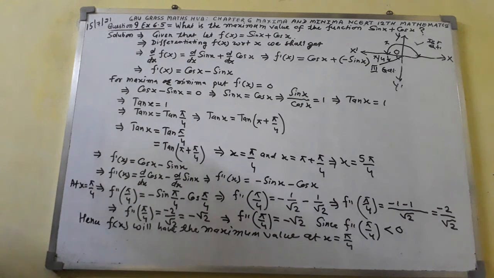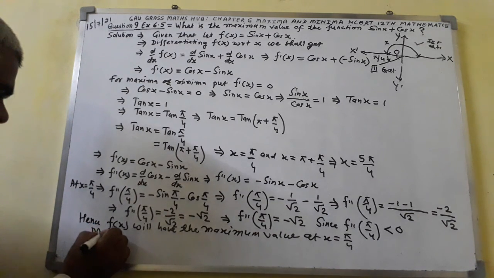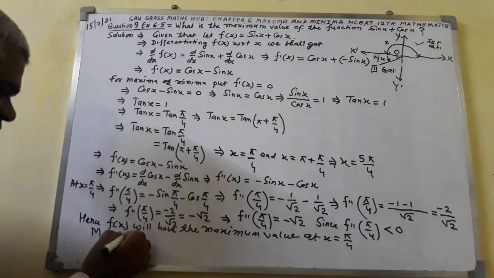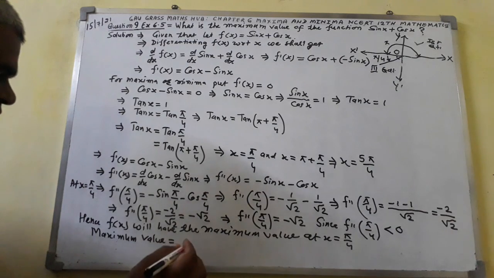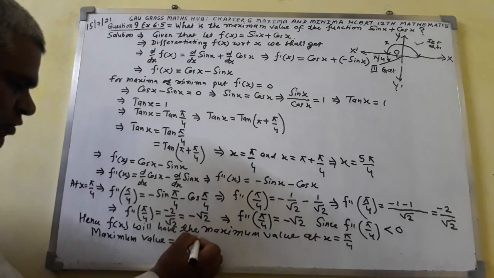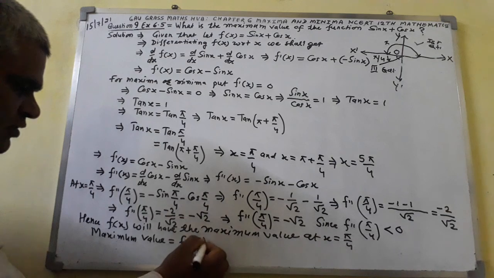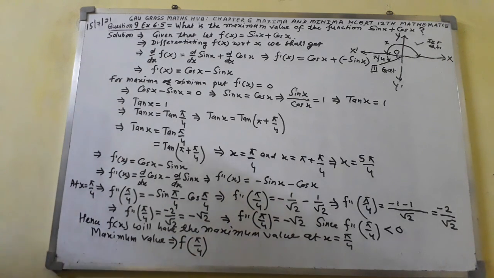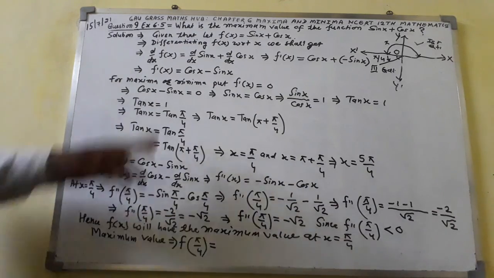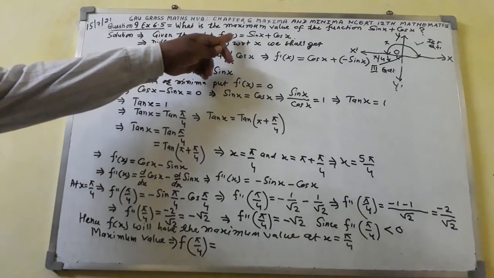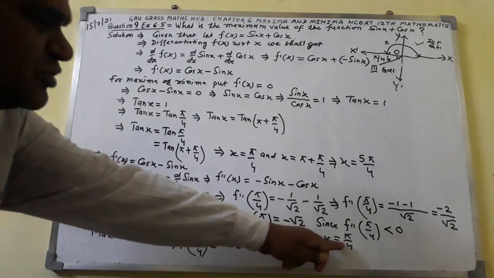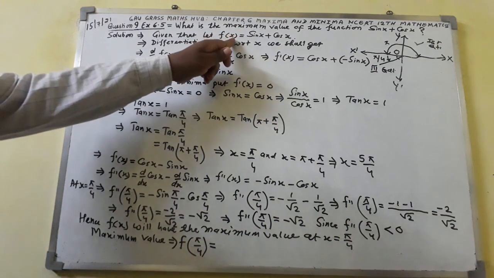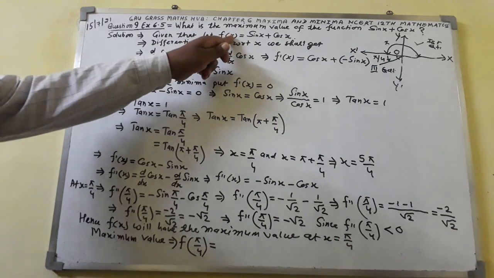Again I shall write maximum value equal to f of pi by 4. This is the original function f of x, so in place of x I shall write pi by 4. The critical point x equal to pi by 4 I shall put in place of x.